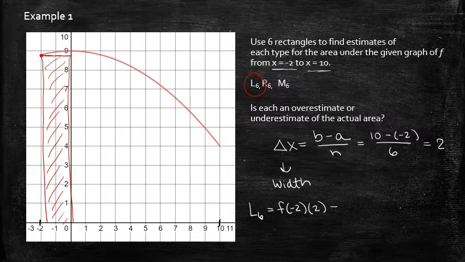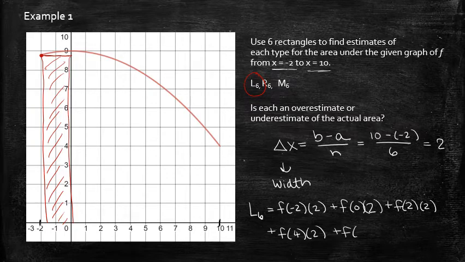We're then going to go to 0, so f of 0 times 2, plus f of 2 times 2, plus f of 4, f of 6, and finally f of 8, each times 2.